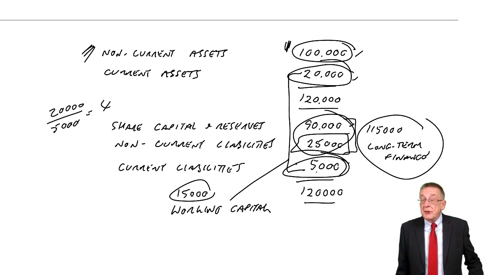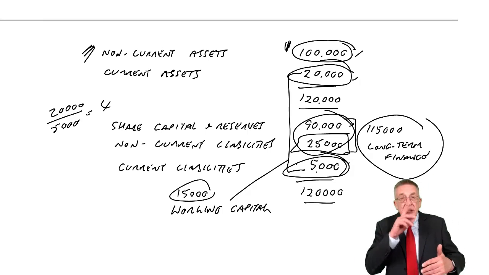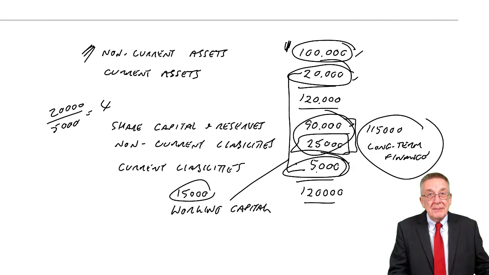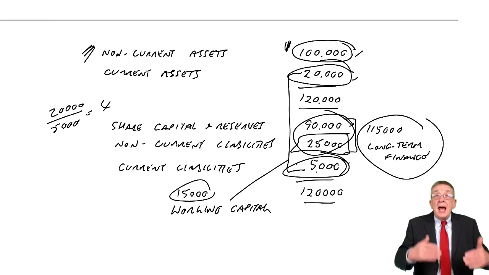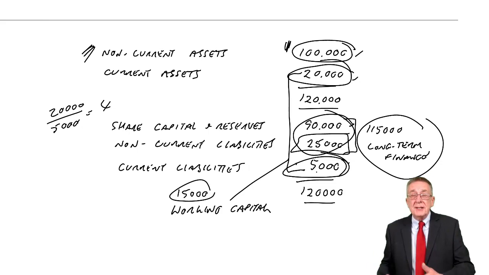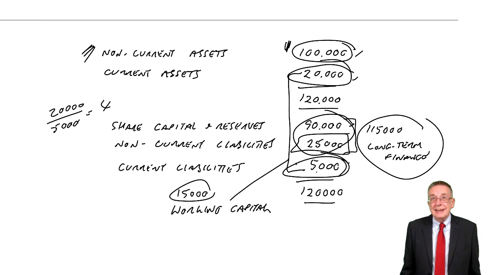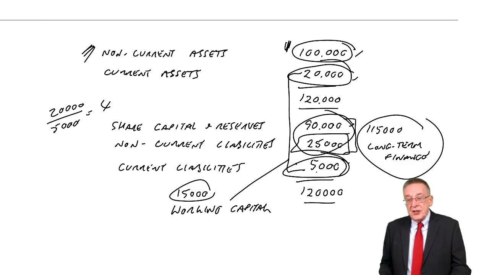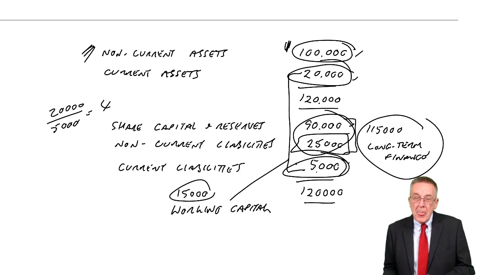But the problem with inventory is, for it to turn into cash, first of all, we have to sell the goods, and that might take several weeks before we sell them. And then if we sell them on credit, we've got to wait again to get the money in. And so in the very short term, the inventory cash might not be there when it comes time to pay the payables.